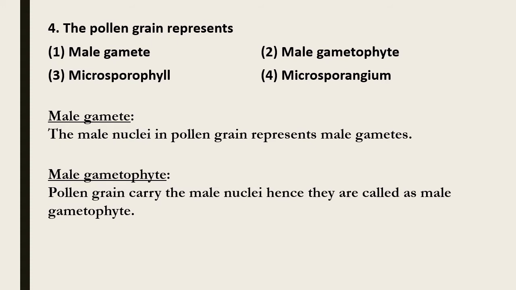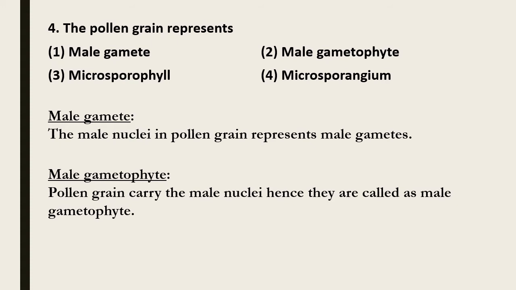The pollen grain carries the male nuclei, hence the pollen grains are called the male gametophyte. Here, the microsporangium is present in the pollen sac in the anther. In that microsporangium, pollen grains are produced. Here the question is what the pollen grain represents.